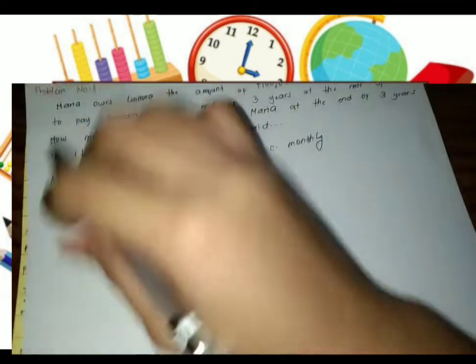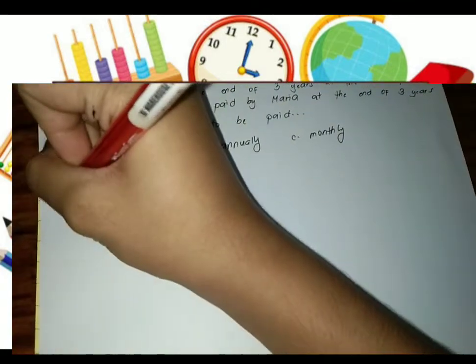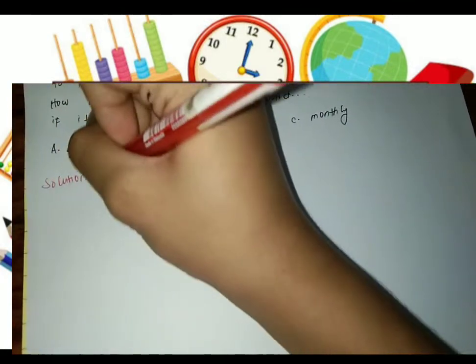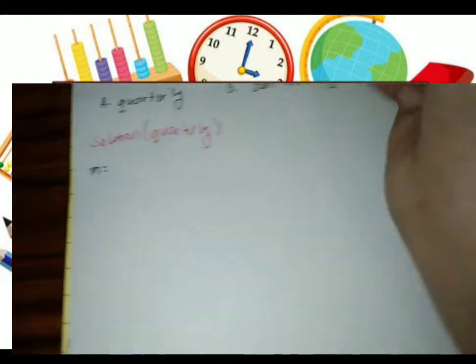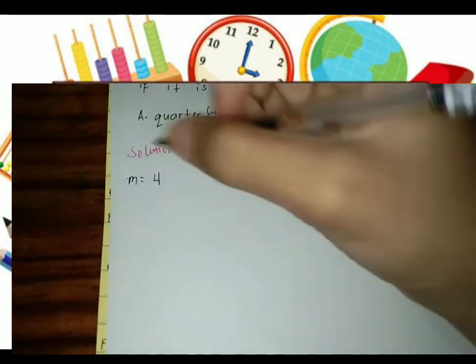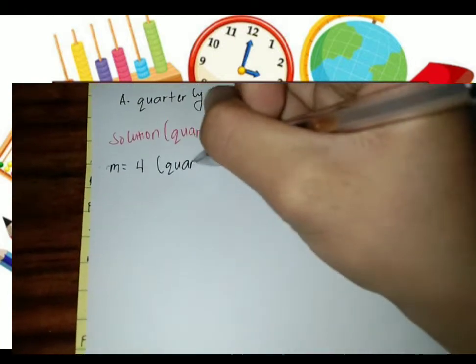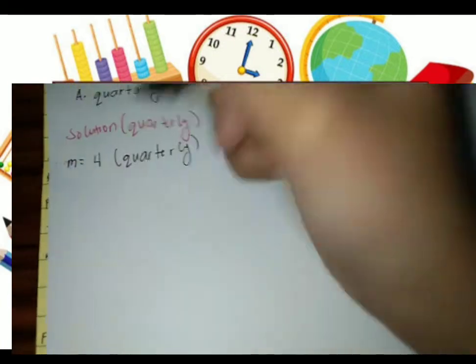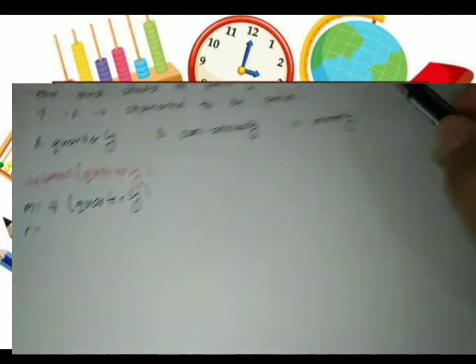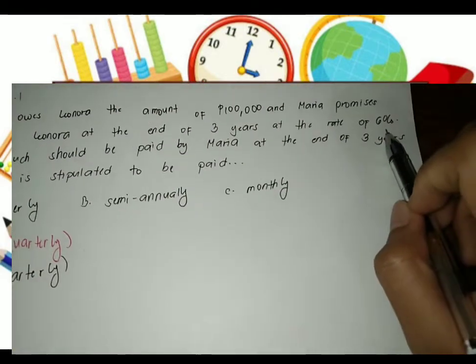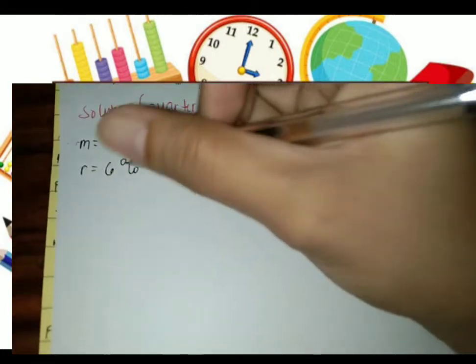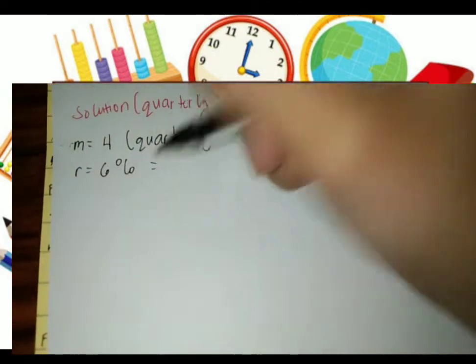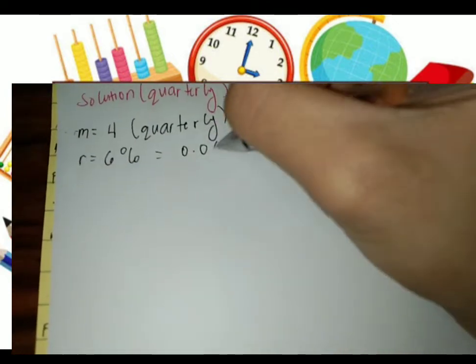So the solution for quarterly. M is equal to 4 because it is quarterly. And our rate is 6%. We will write here the 6%, and if we transfer it into decimal, it is 0.06.